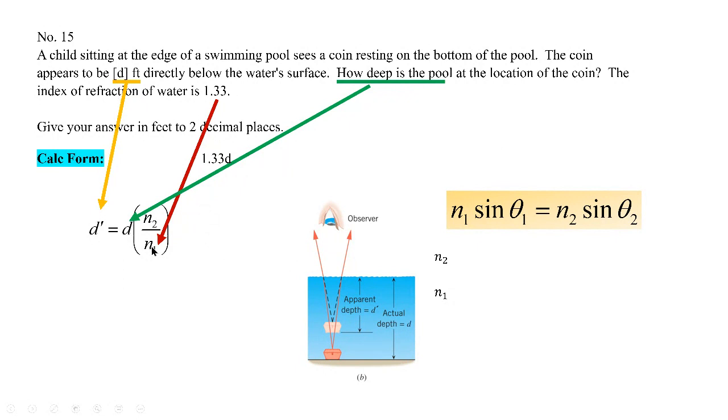And now they have told me what is the index of refraction of the medium from which the light ray came. So that is N1, 1.33. N2 is 1. Therefore, the question they want is D. And now you can immediately do the algebra. D, the one that they want, is this, which in this notation here is little d, times 1.33. And so therefore the answer is 1.33 times whatever this thing is in feet.